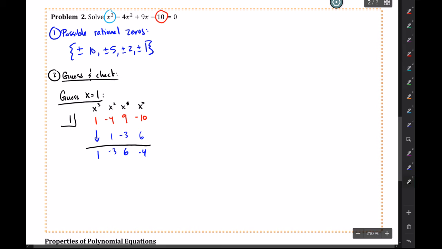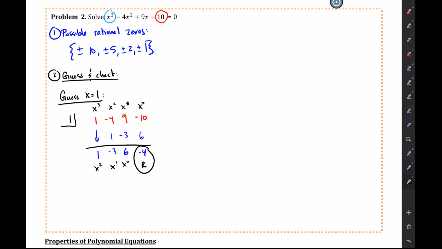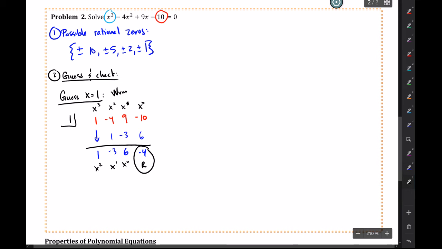Okay, and again, we can factor this as 1 times x squared minus 3x plus 6, but we get a remainder of negative 4. And so that tells us that x equals 1 is not a 0. So we guessed x equals 1, and we guessed wrong.